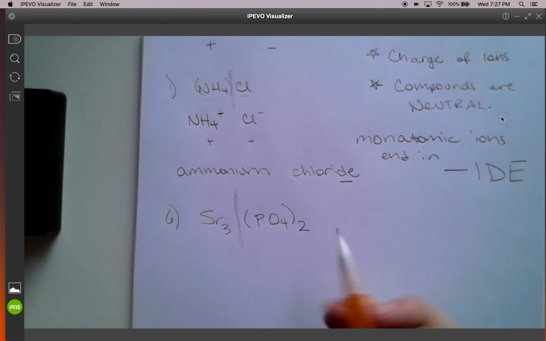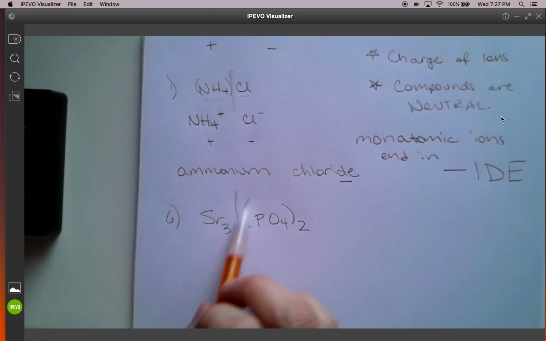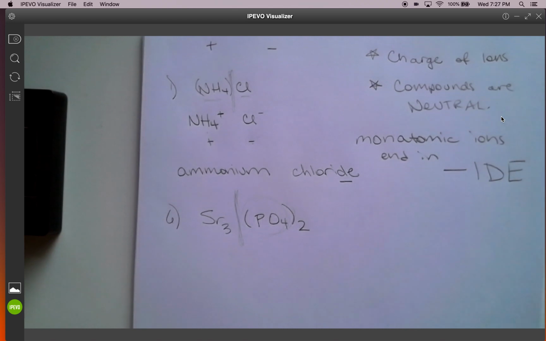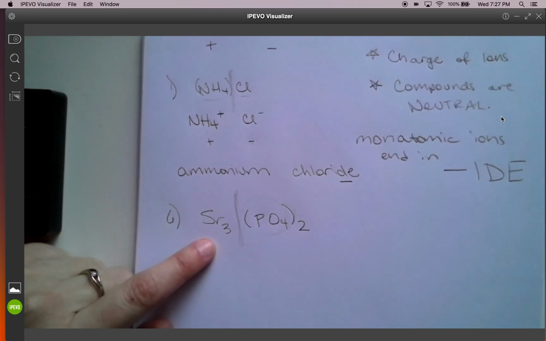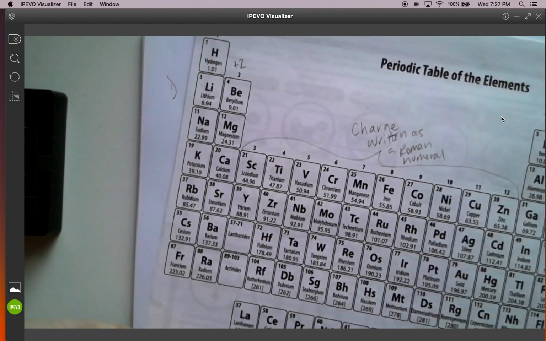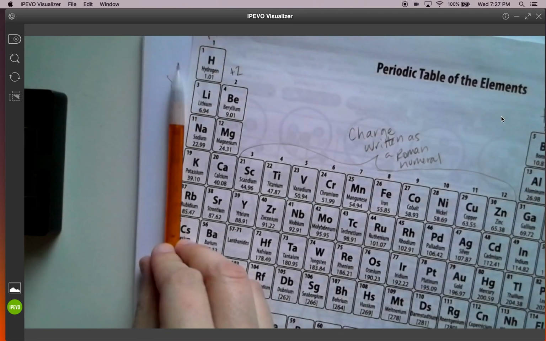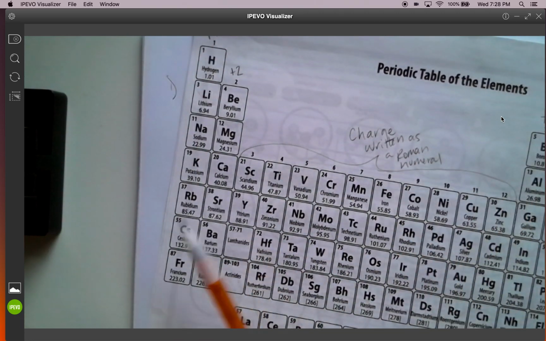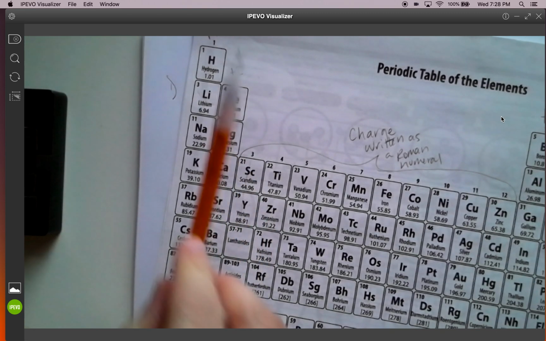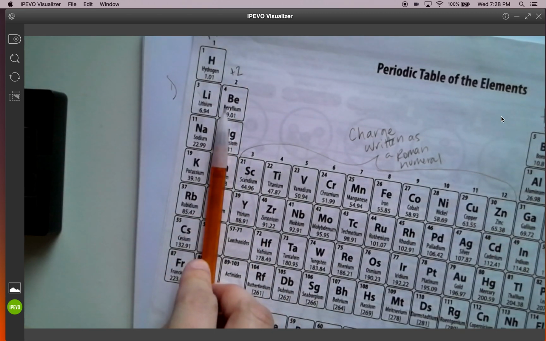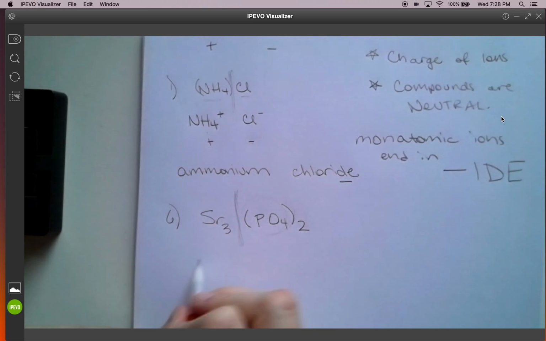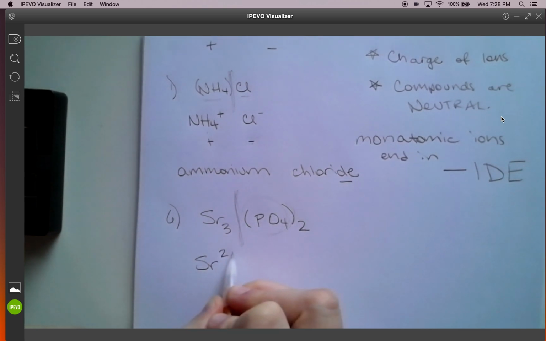There's parentheses here. You can even kind of think of the parentheses as being like a circle, kind of like polyatomic ions always live in circles. Yeah, that's your polyatomic, and your Sr is a single atom, only one capital letter, single atom. It's somewhere over here on the positive side of your table. That is your strontium. It's in your second column. It will always have charge of +2, always and always.